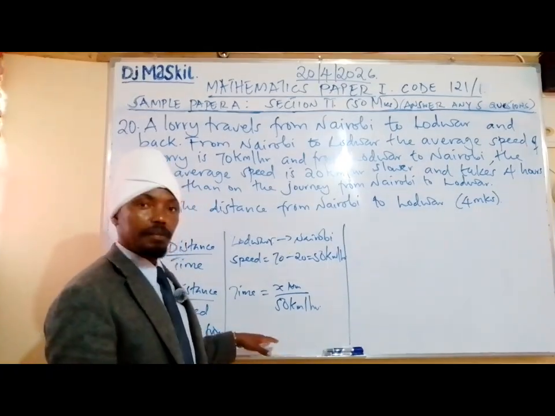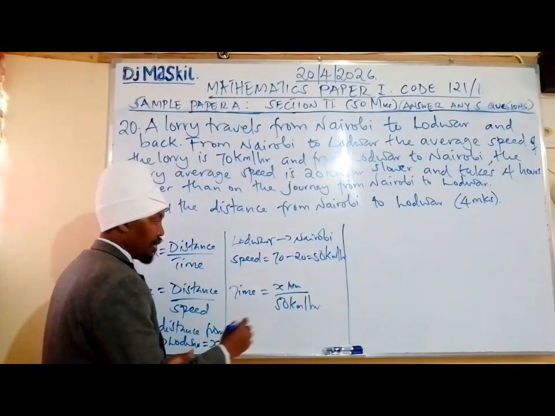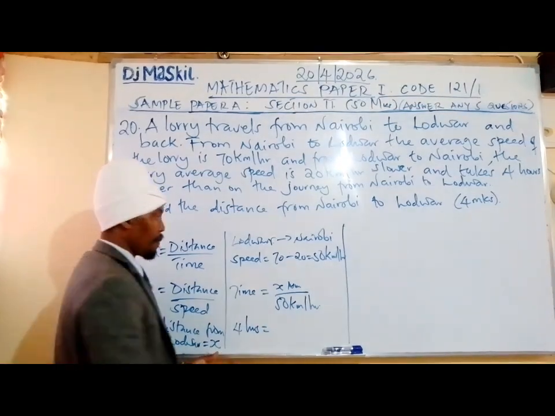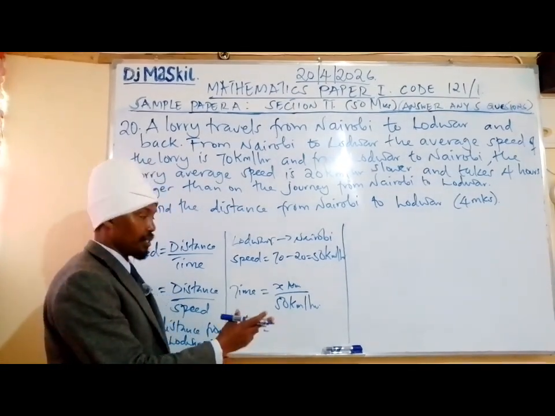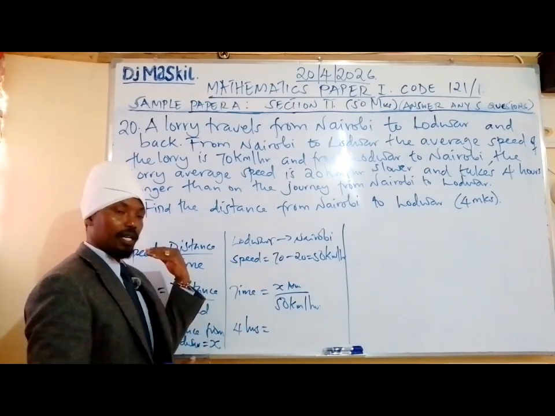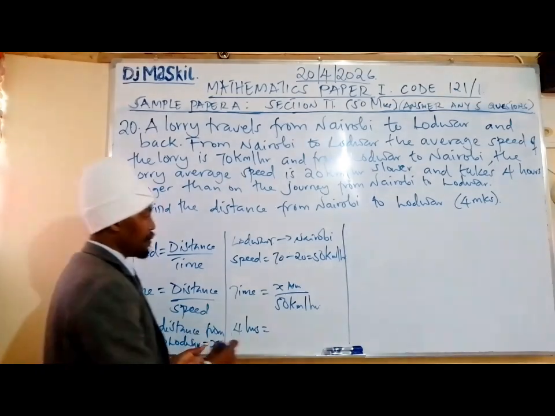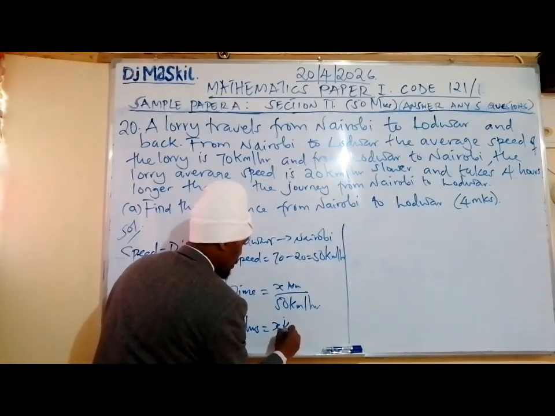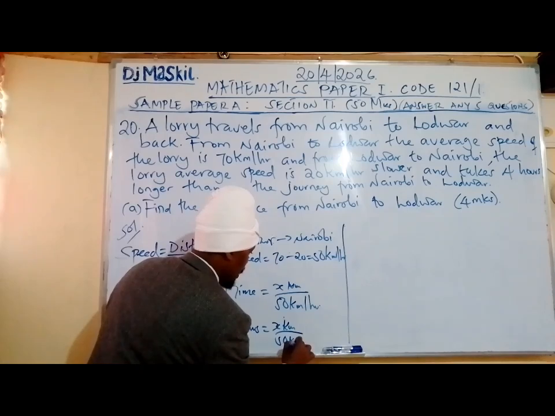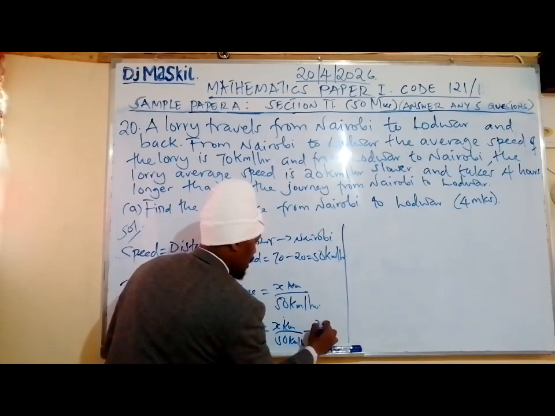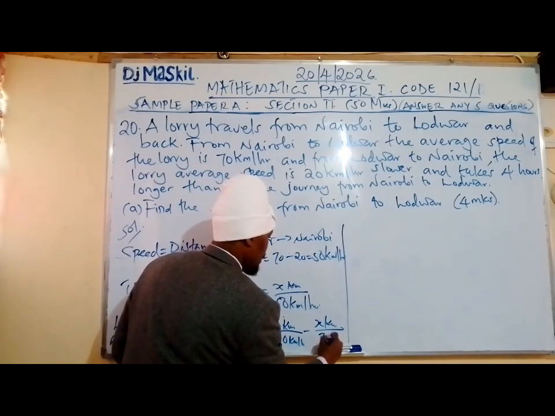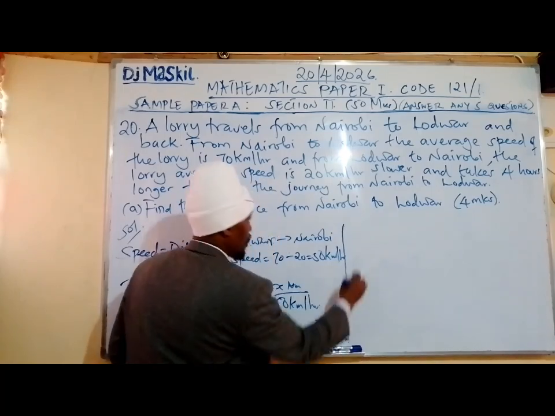Now, the time difference is 4 hours. Therefore, 4 hours is equal to the time difference between the journey from Nairobi to Lodwar and from Lodwar to Nairobi. So this will be given by x kilometers over 50 kilometers per hour minus x kilometers over 70 kilometers per hour.